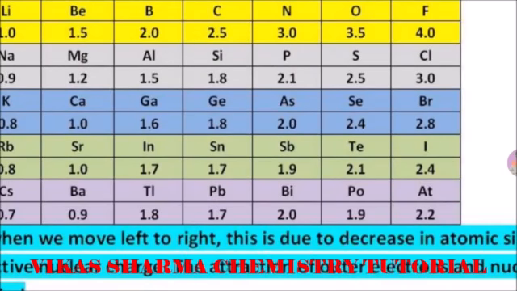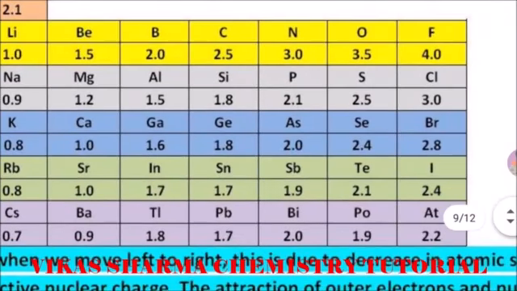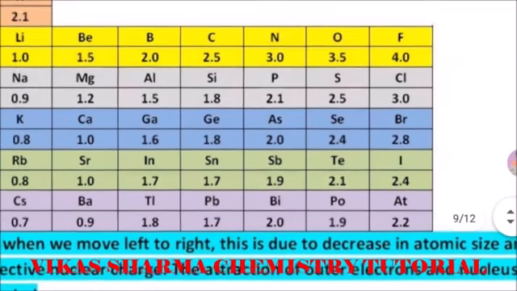When we move from left to right, electronegativity increases, but when we move down a group, from top to bottom, electronegativity decreases. So an inversely proportional relation is shown in the group, but a directly proportional relation is shown in the period.